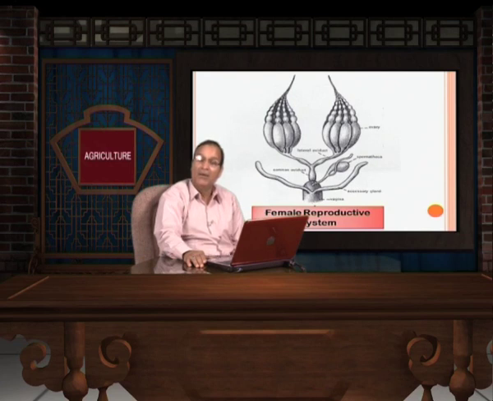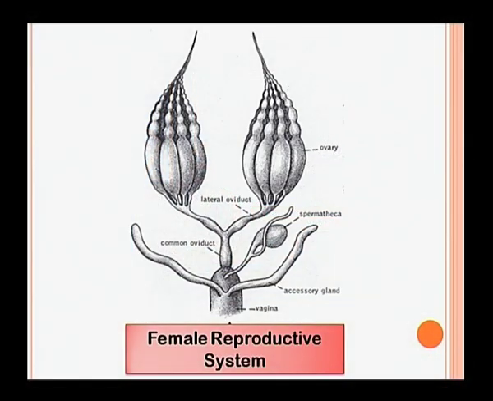And when the eggs come out from the ovary, then they meet with a secretion of the accessory glands, and this secretion helps the fertilized egg to be deposited at the preferred place, and that preferred place differs in different species.